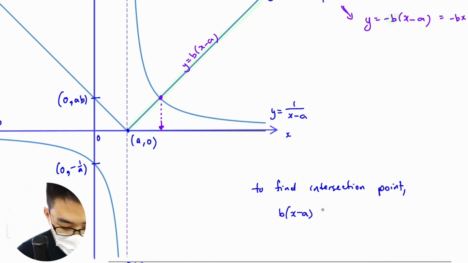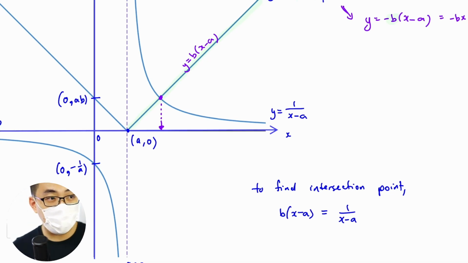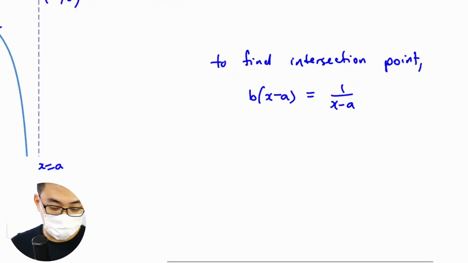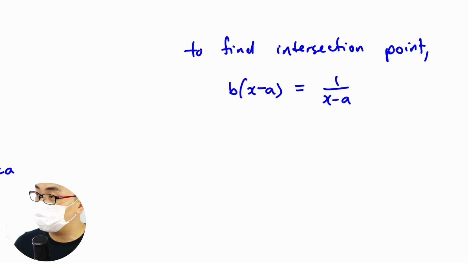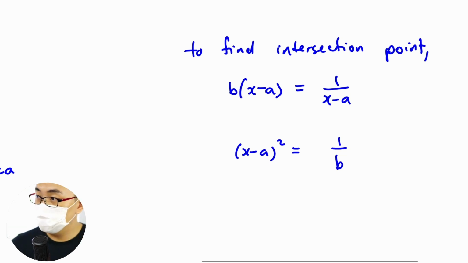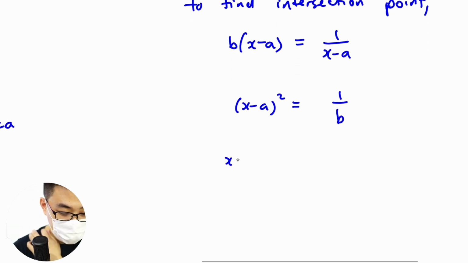So essentially what you get is bx minus a. Now, like I say many times, A-level questions are typically like that. Very elegant because you don't need a lot. It's heavily relying on concept. So if your concept screwed, you pretty much screwed here. You see this one is a very easy equation to solve. Right? This will be x minus a squared over b, plus minus 1 over square root b.